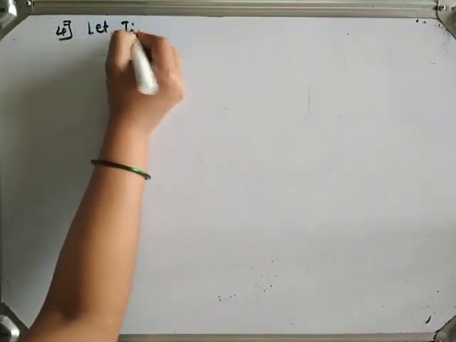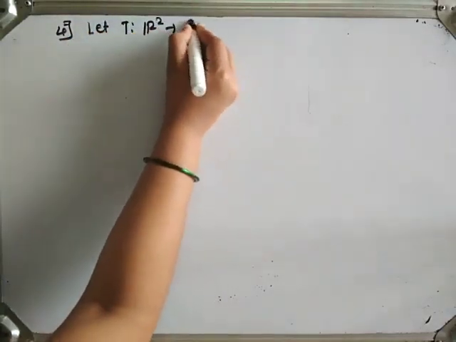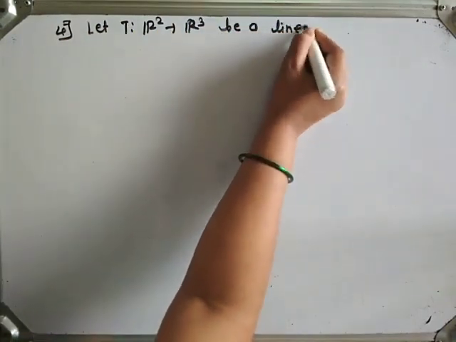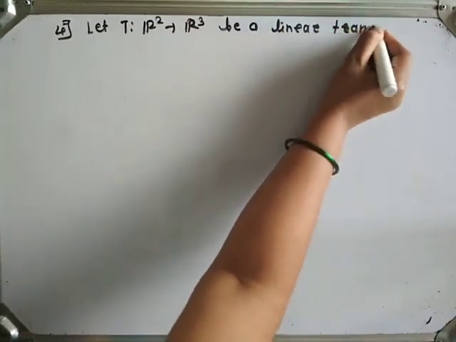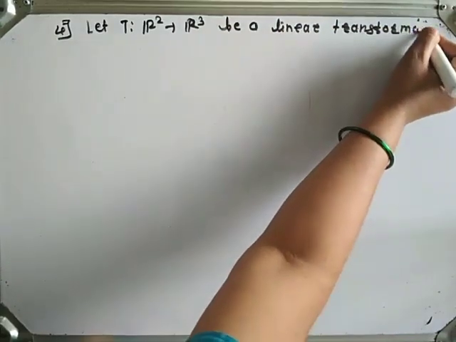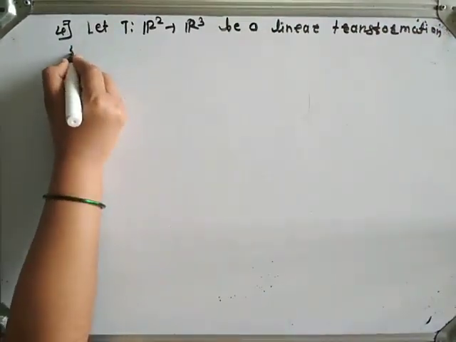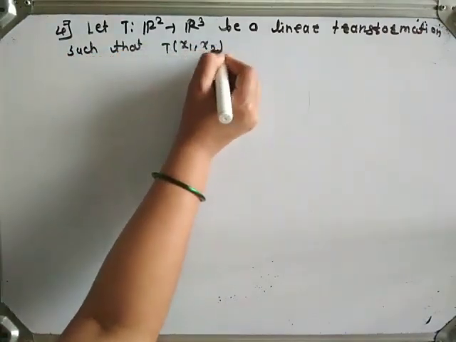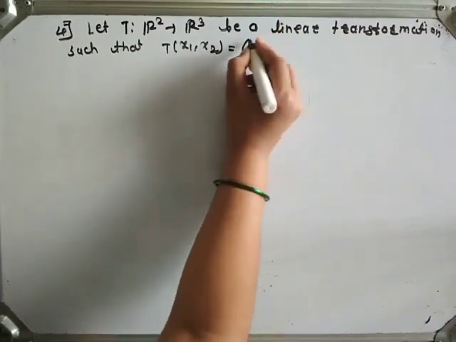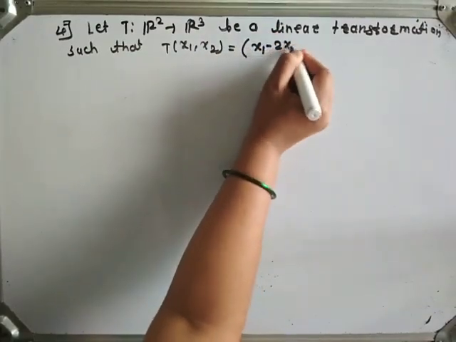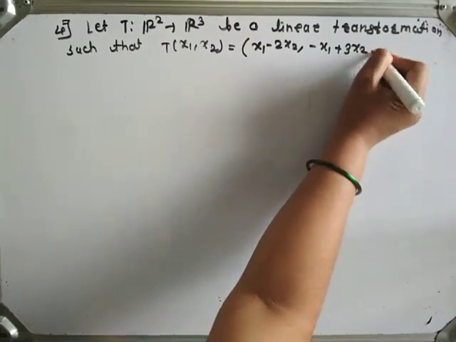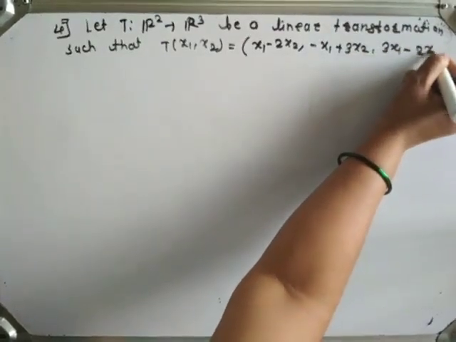Let us take next example. Let T from R2 to R3 be a linear transformation such that T of x1 comma x2 is equals to x1 minus 2x2 comma minus x1 plus 3x2 comma 3x1 minus 2x2.